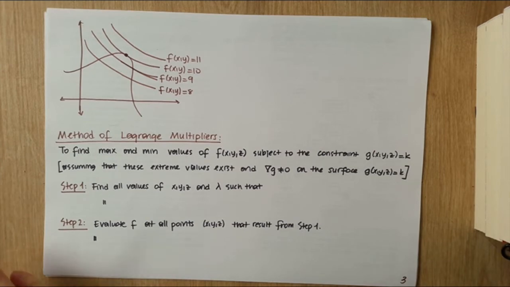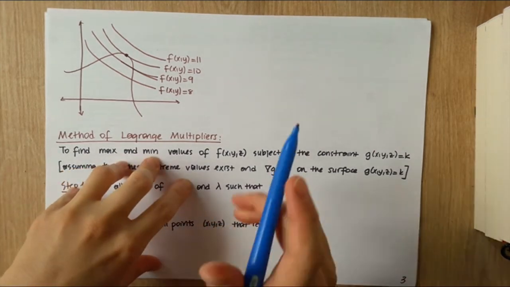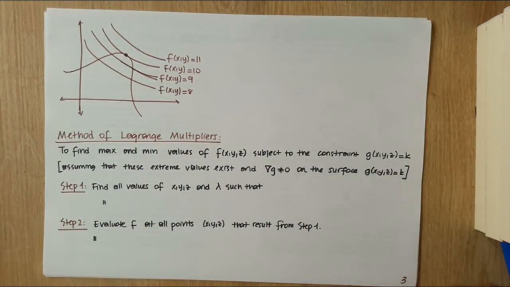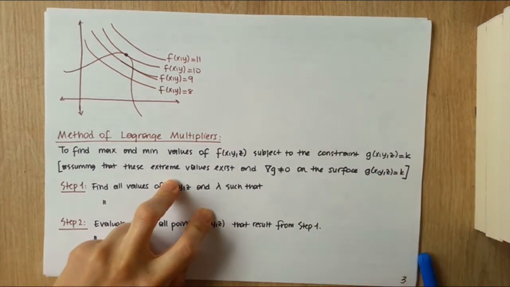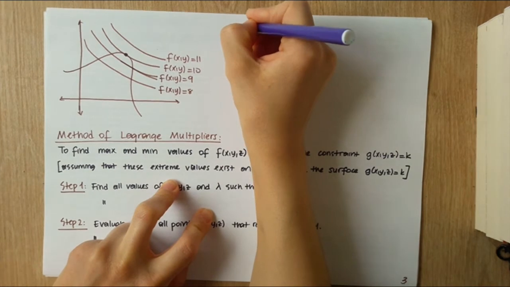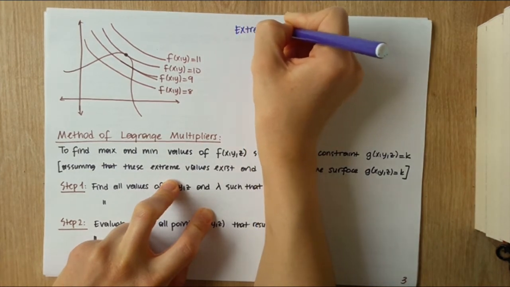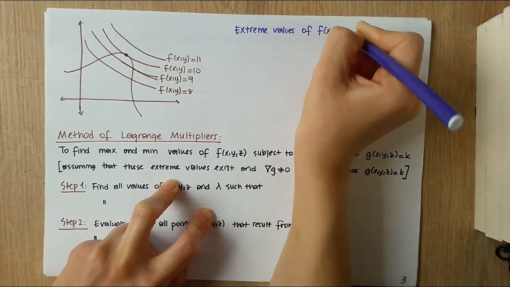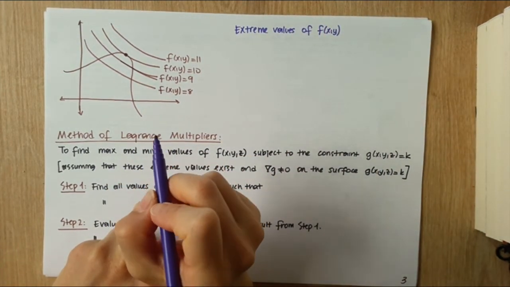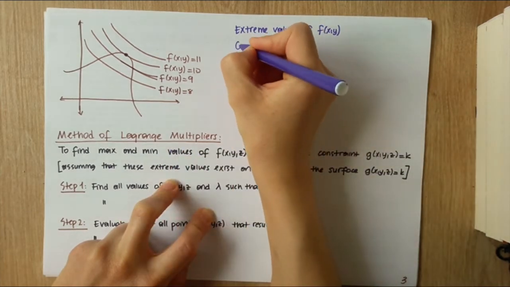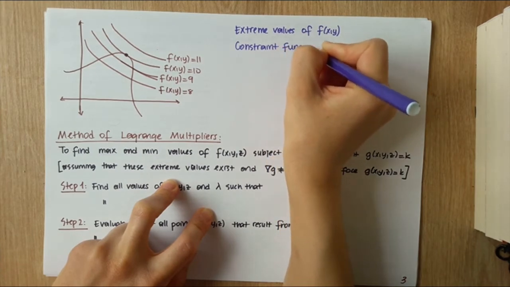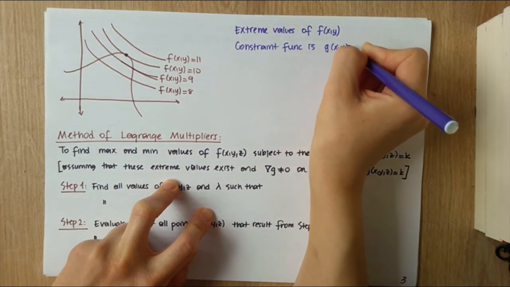So we start by trying to find the extreme values of f of x, y. Here the constraint function is g of x, y equals k.